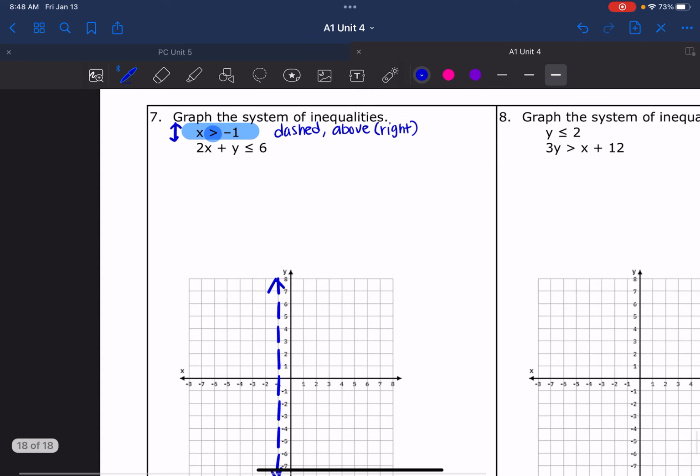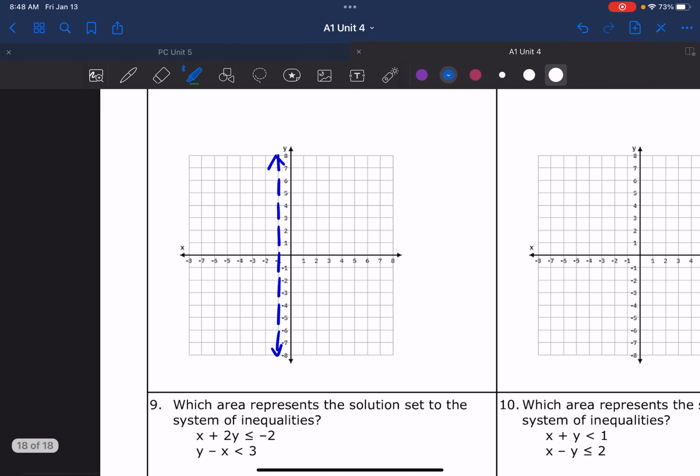Okay, and then we said we were going to shade above, which means to the right. Okay, so that's our first inequality of this system.